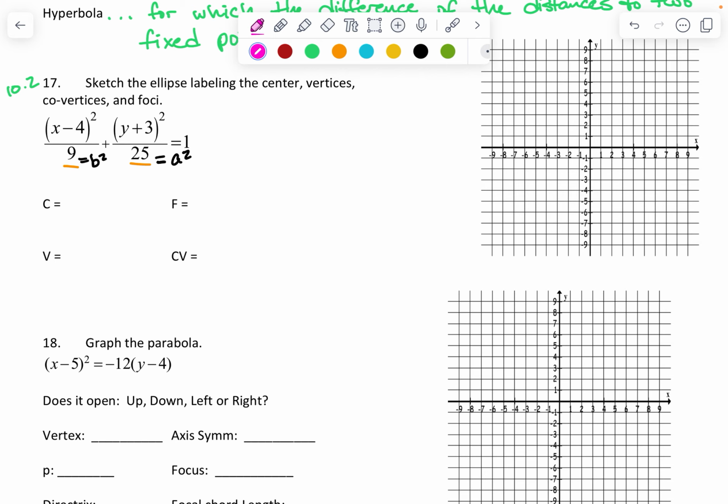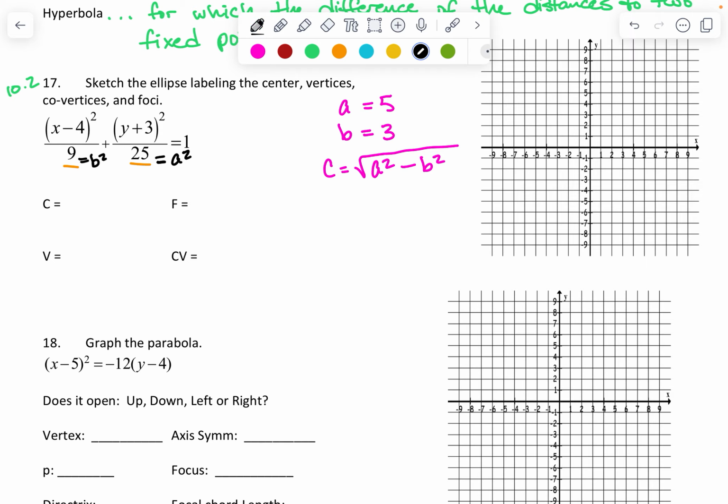So I just like to keep a running list over here to the side. If a squared is 25, that means a is 5. And if b squared is 9, that means b is 3. And now the next thing I like to do is go ahead and find out what my c value is. It's going to be the square root of a squared minus b squared.